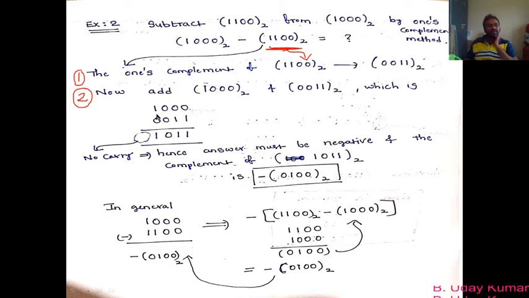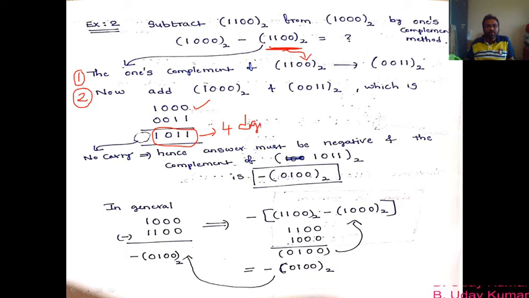Okay, and hence now check it out. When you add 1000 and 0011, you get 0 plus 1 is 1, 0 plus 1 is 1, 0 plus 0 is 0, and 1 plus 0 is 1. So 4 is the maximum digits that these binary numbers have. And even in the answer, you are getting a binary number which consists of a maximum of 4 digits only.